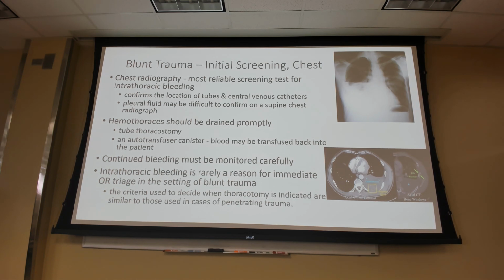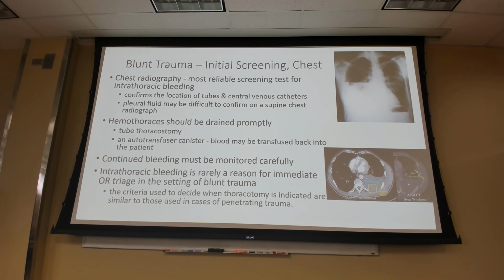There are some guidelines that if it's a 20% pneumothorax and there are no signs of tension physiology, then we might look at possibly not doing a chest tube, but most of them are going to get a chest tube at this point, especially if we identify anything on the chest x-ray that is greater than, some say, 10 to 20%. And if they're unstable, then they're definitely getting a tube thoracostomy.